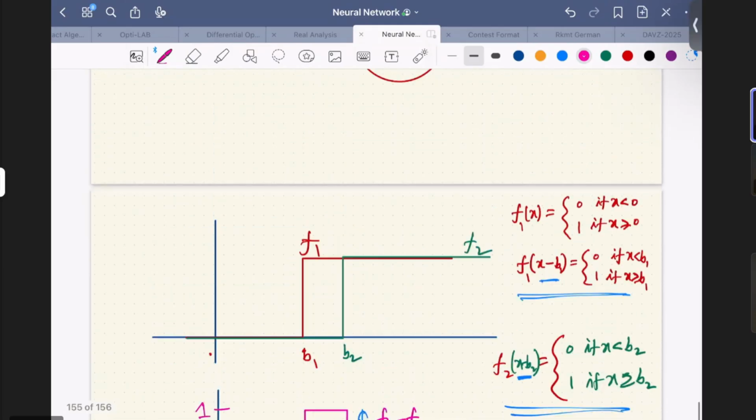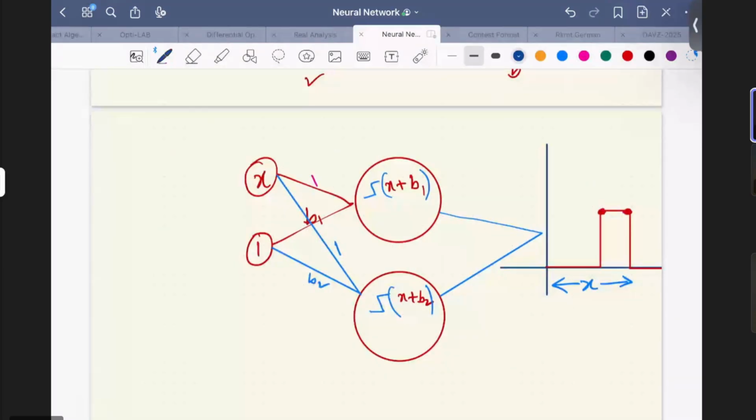So now what are you doing? There are weights, those defining the 50 or 100, those weights are sitting here, right? So this is W1 times F1 plus W2 times F2.